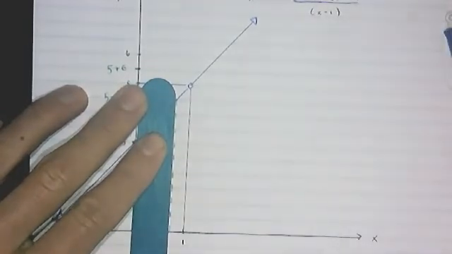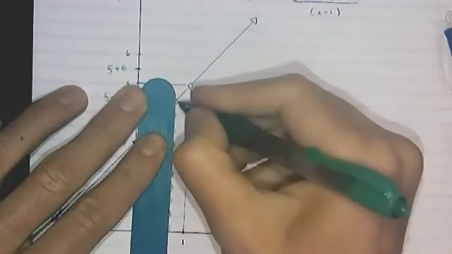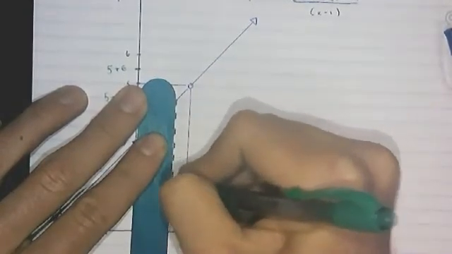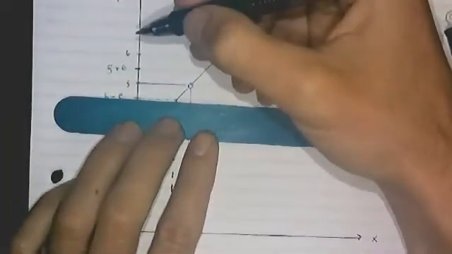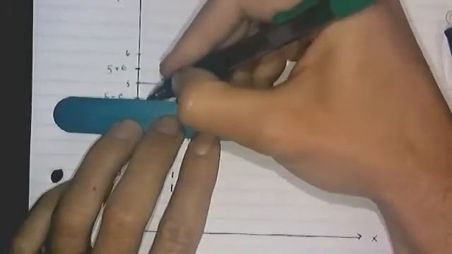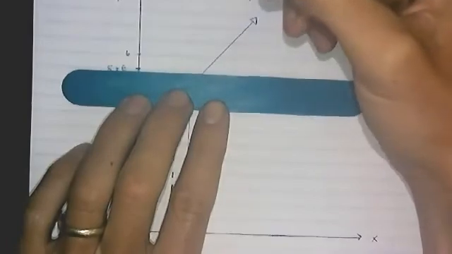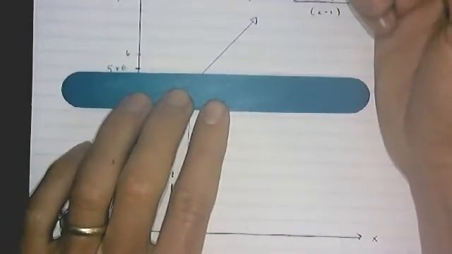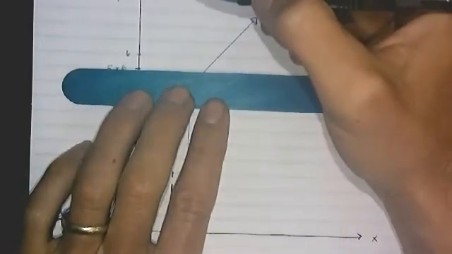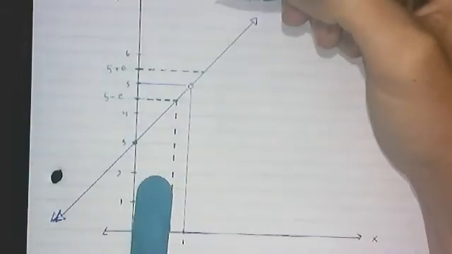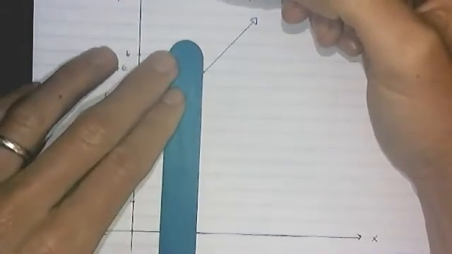Yes, darker pen here. And then do the same with the 5 plus epsilon. Do the horizontal line until it intersects with your function. And then drop that down vertically.